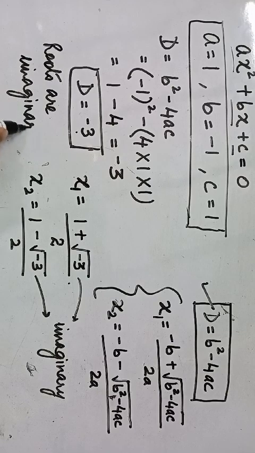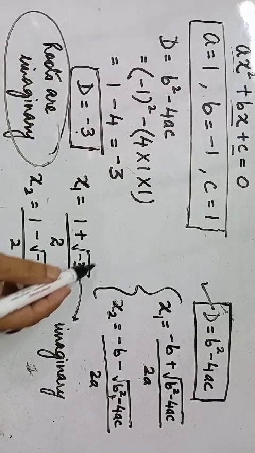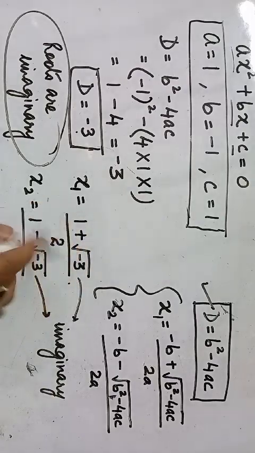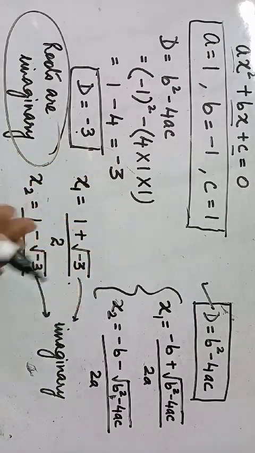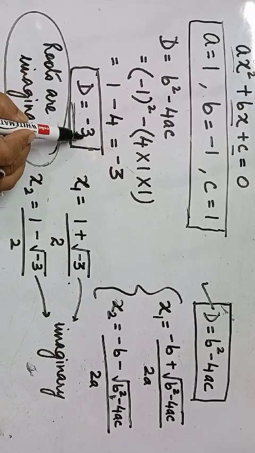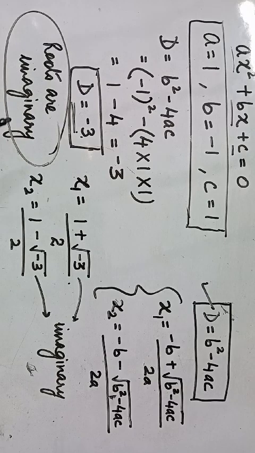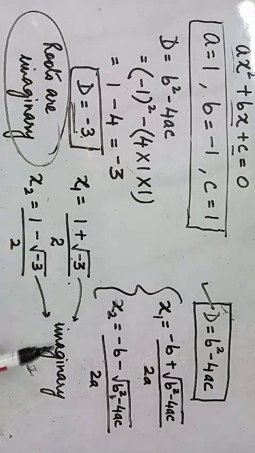Now please note, children, that you really did not have to calculate these roots as such to know the nature of the roots. Why? Because the moment you find out discriminant value and it comes out to be negative, you will simply say that roots are imaginary. The reason why I took out the solutions is to help you explain how this minus sign is creating imaginary roots, because under root of a negative number is imaginary.